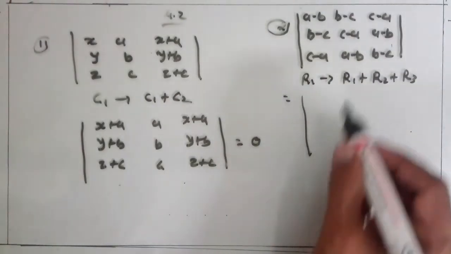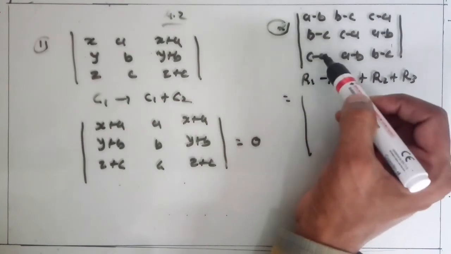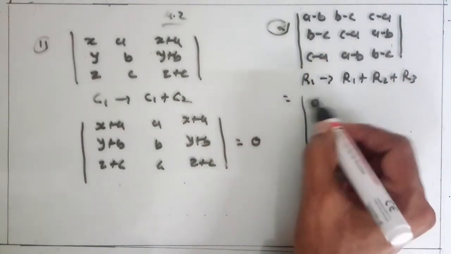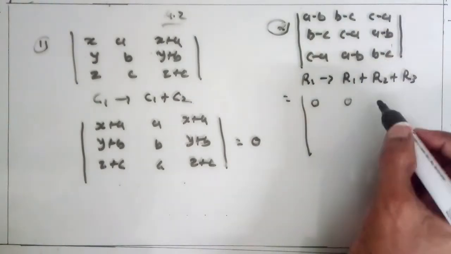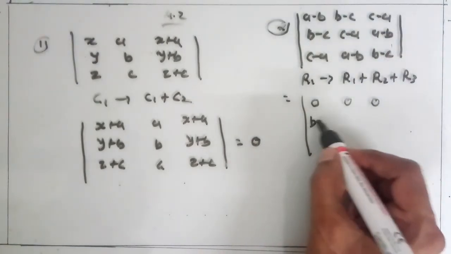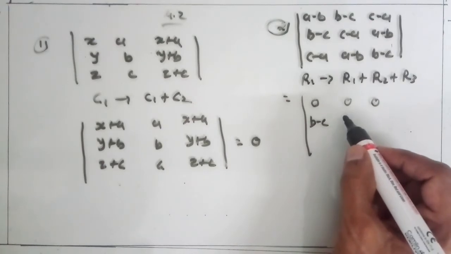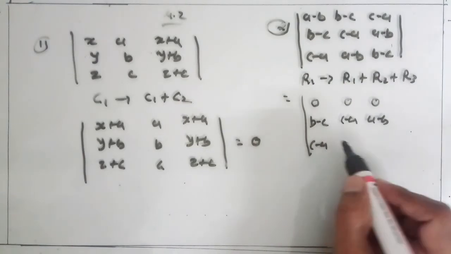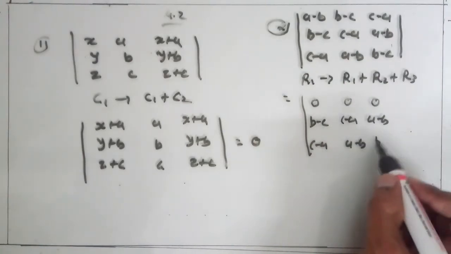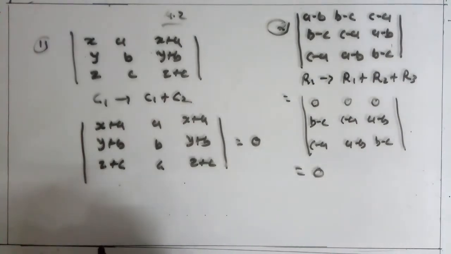So here we get minus b plus b cancel, minus c plus c cancel, minus a plus a cancel. Here in the first we get 0. Similarly here we get 0. Here also we get 0. Now the remaining 2 rows we write the same, b minus c, c minus a minus b, c minus a minus b, b minus c, and the value of this becomes 0.